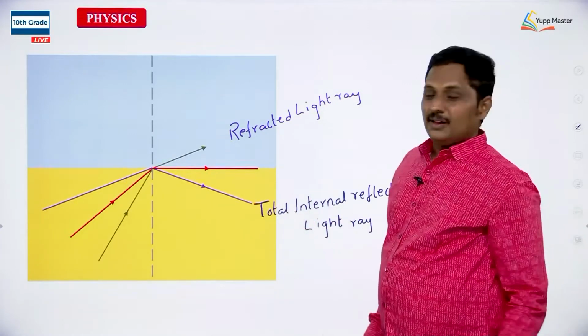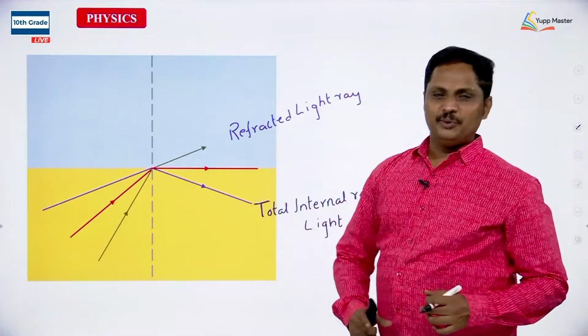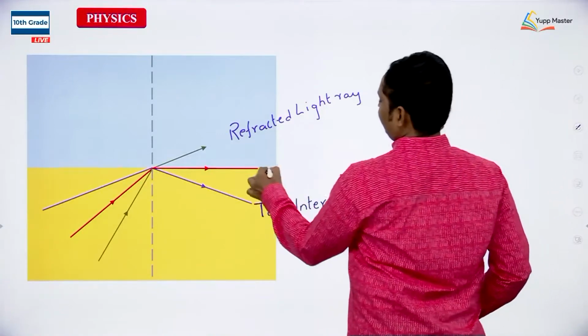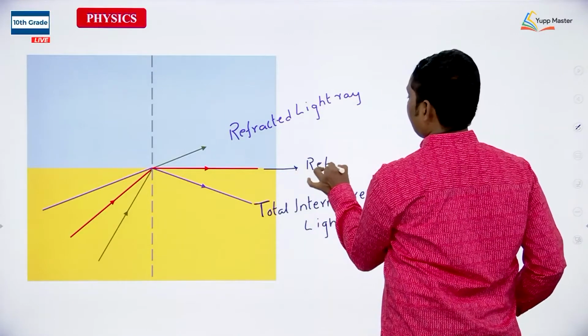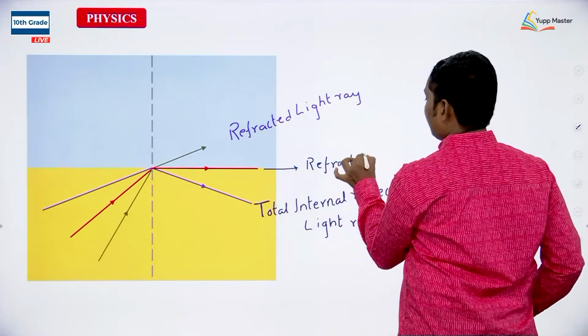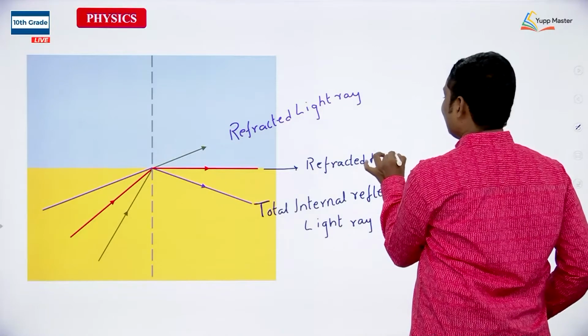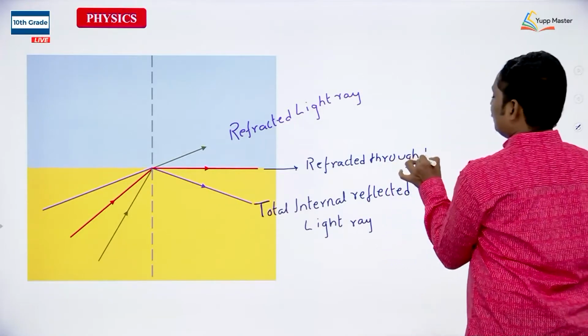Very clear. You are having three phenomena: refracted at 90 degrees, refracted through the boundary, through the interface.